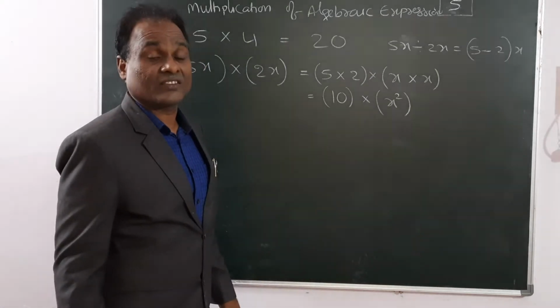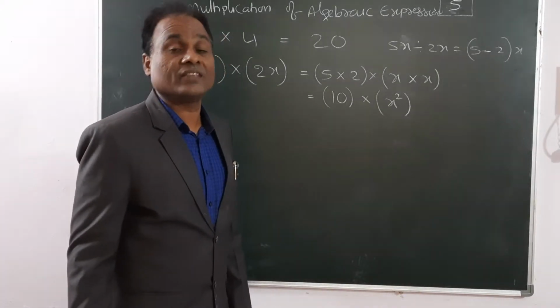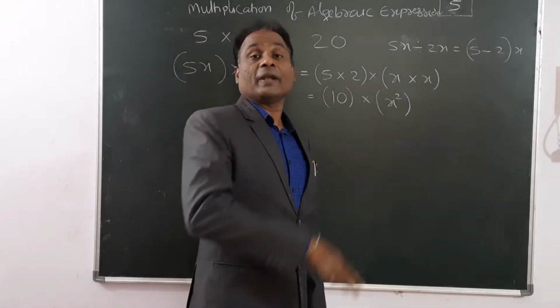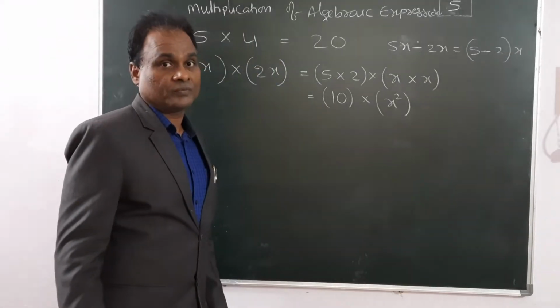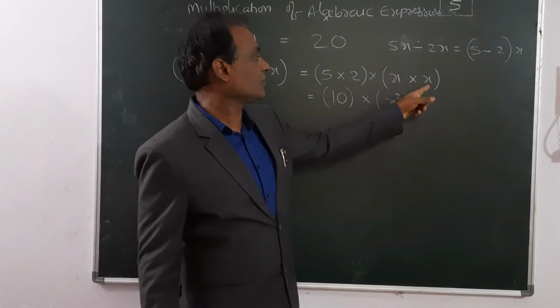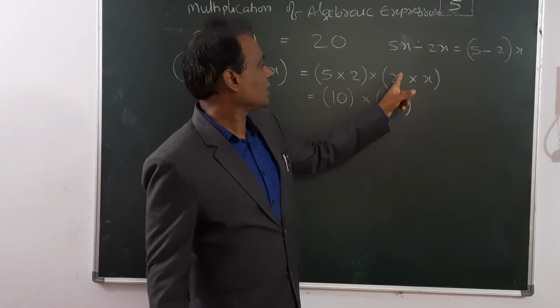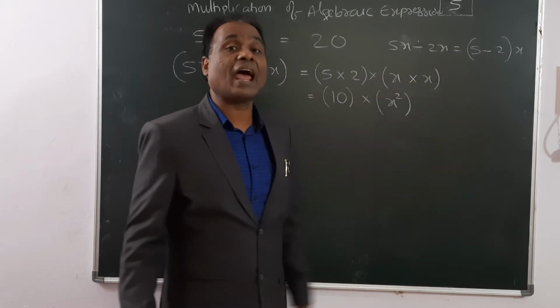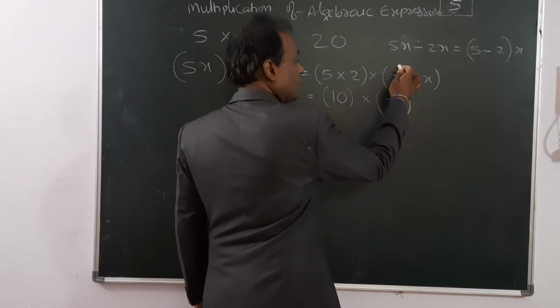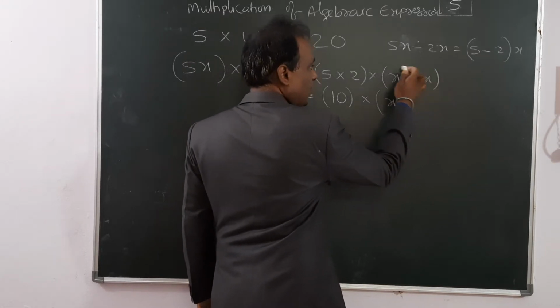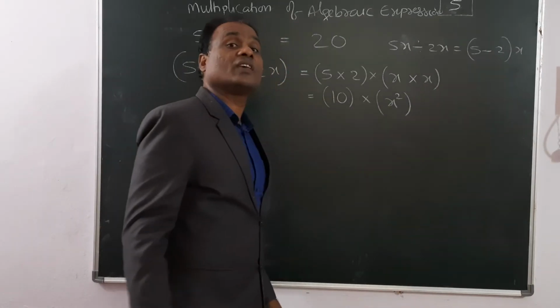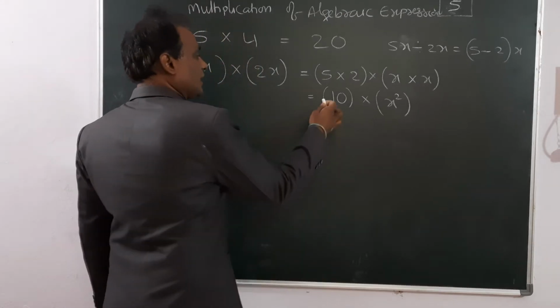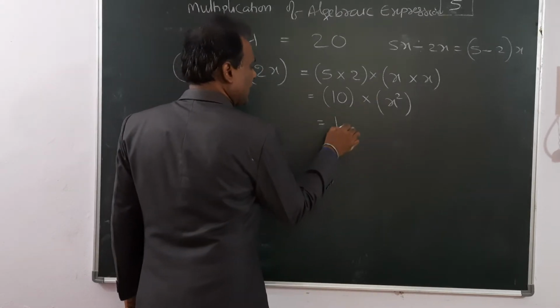We studied this concept: a power m into a power n is a power m plus n. We completed the exponents and powers chapter. When two terms with the same variable are multiplied, the powers are added. What is the power of x here? 1. 1 plus 1 is 2. So x into x is x square, and 10 into x square is 10x square.